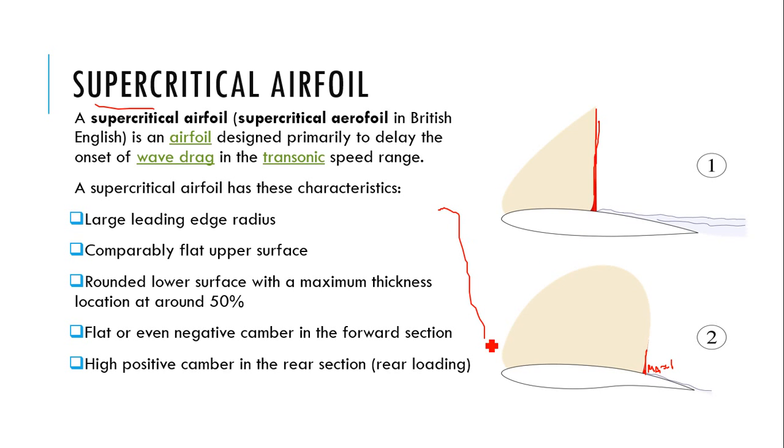So just note these characteristics: large leading edge radius, comparatively flat upper surface, rounded lower surface with maximum thickness at 50%, at the half of the airfoil. Flat or even negative camber will be at the forward section of the airfoil, and the trailing edge or rear section will have a high positive camber. Okay, noted.